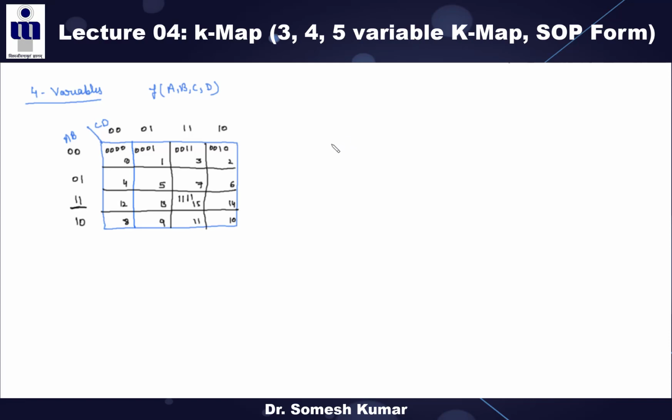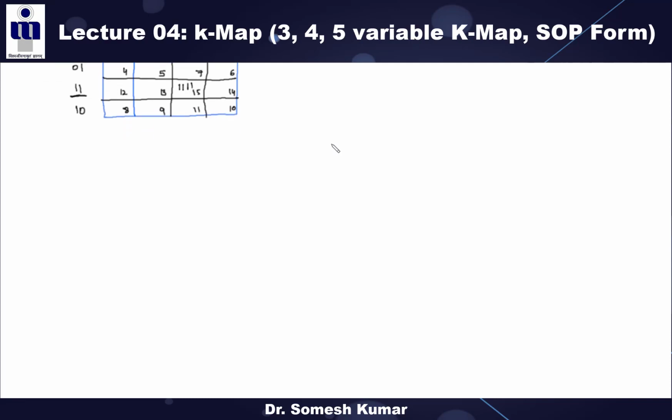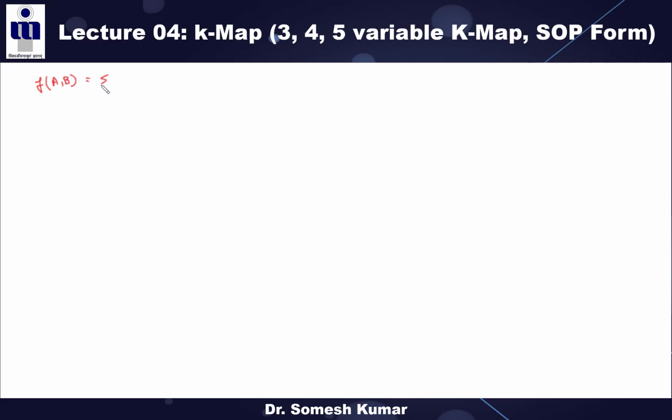So here I am giving one function. This is your function, a two variable function. We will start with a simple one. You have to minimize this function using the K-map, right?